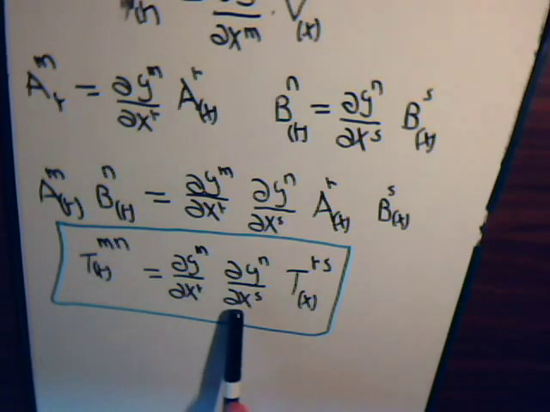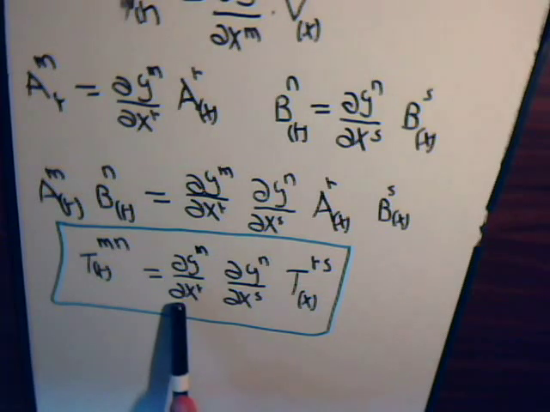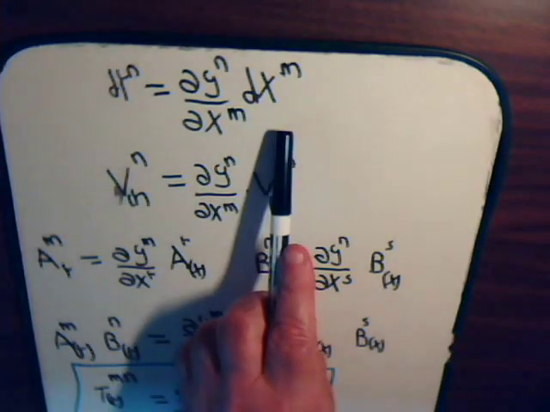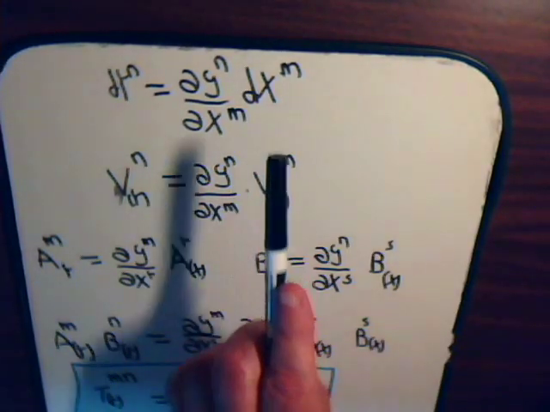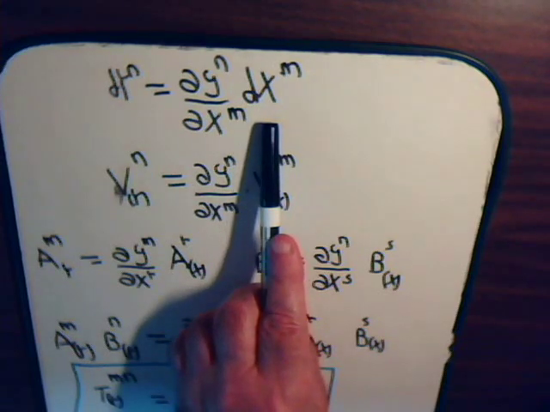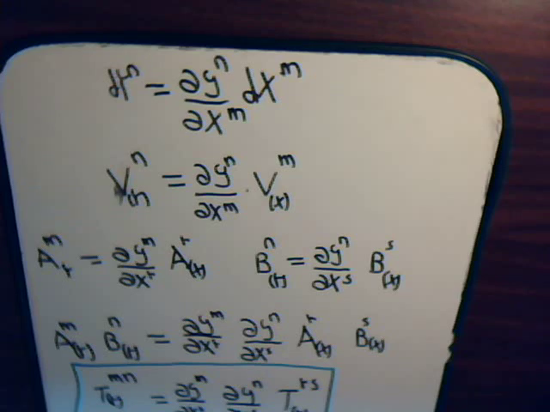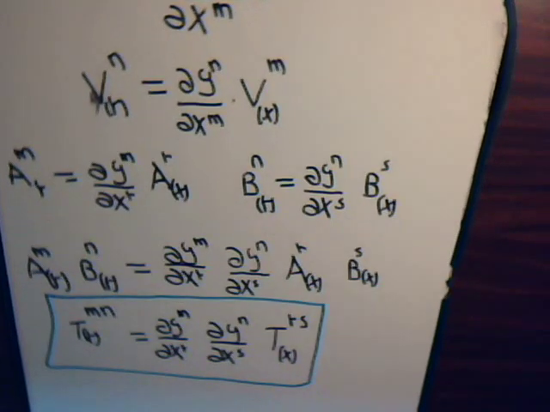And again, the idea of taking partial derivatives like this all stems from the way that a displacement vector transforms from one frame, the x frame, to the y frame. Entirely analogous. And that, in a nutshell, is the idea behind what a contravariant tensor is.